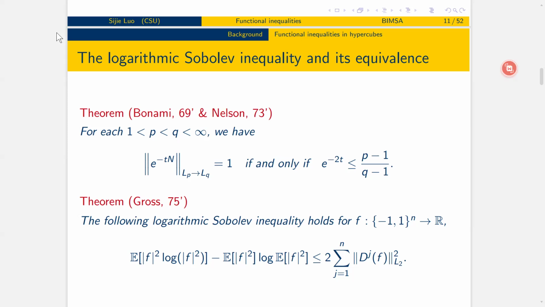So this is the optimal hypercontractivity, and Gross in 1975 proved that this result is equivalent to the following log-Sobolev inequality, and he used the central limit theorem to pass the result from the hypercube to Gaussian.